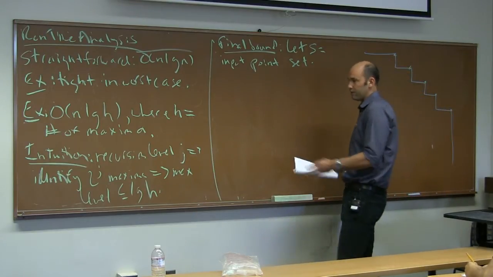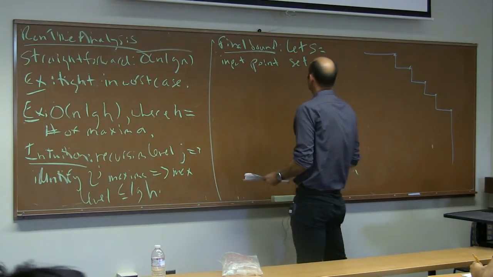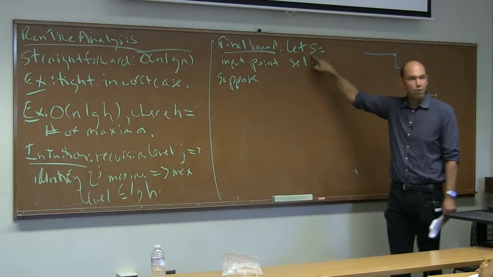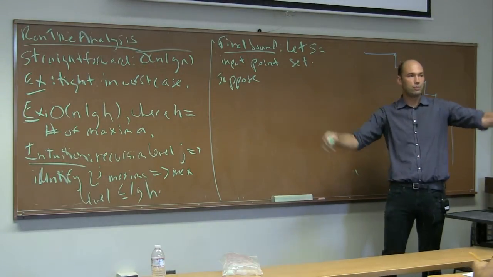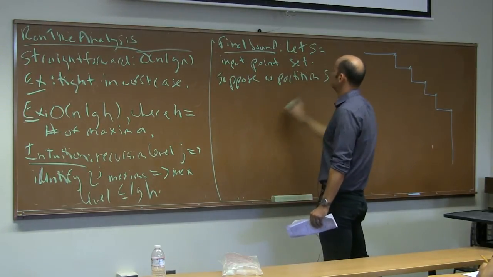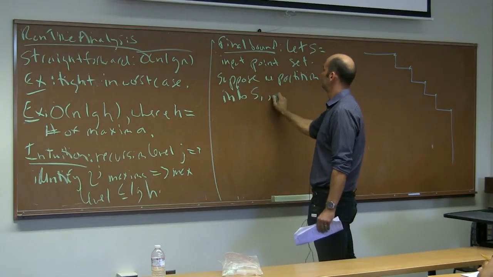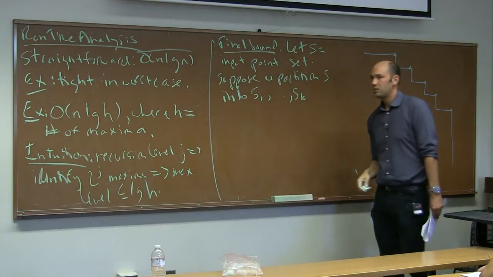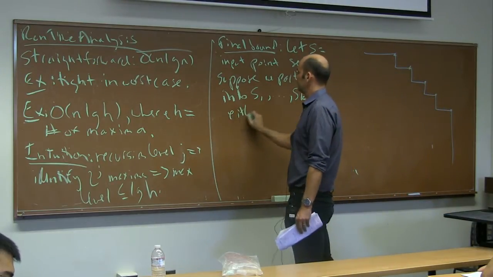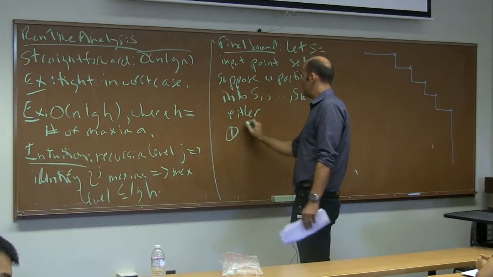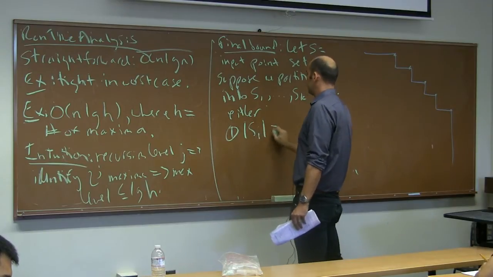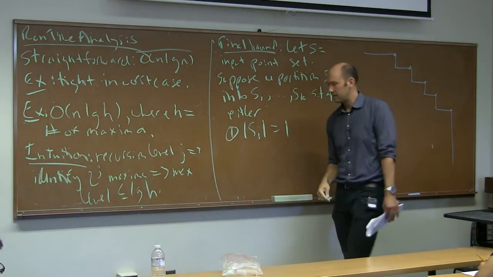So now to state this refinement of n log h, suppose we partition, there are n points here in S, suppose we partition them into k groups. So we have k groups, a partition of S, so that for each group, either S_i is just a singleton, a single point, that's allowed.